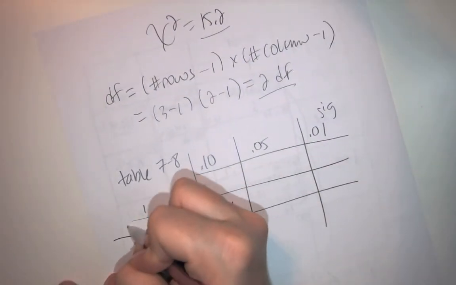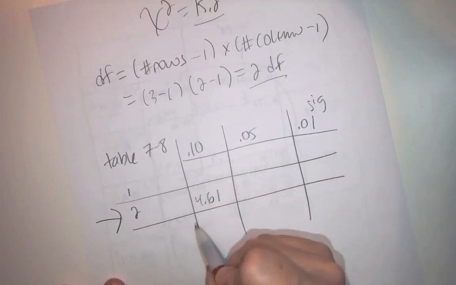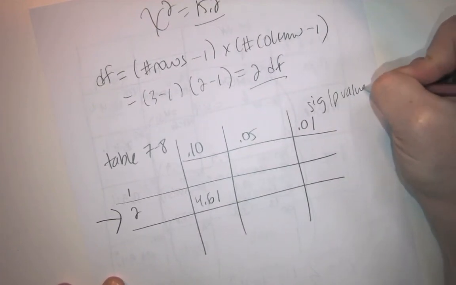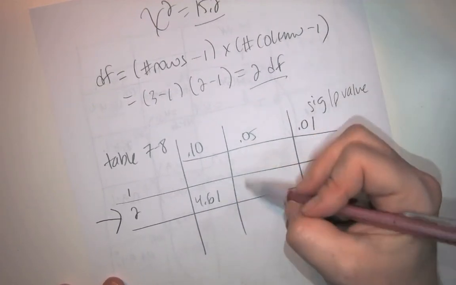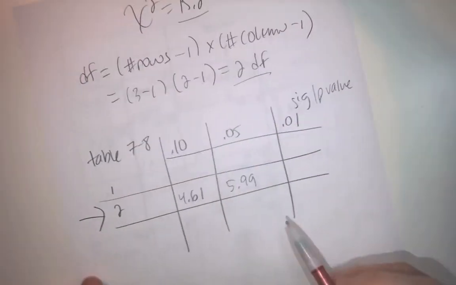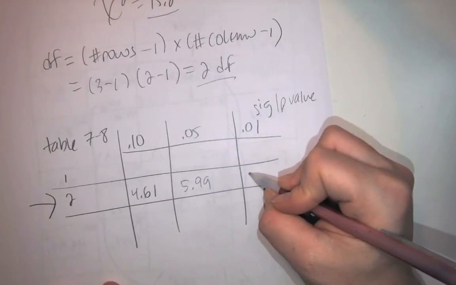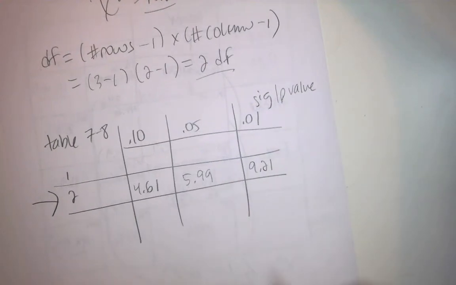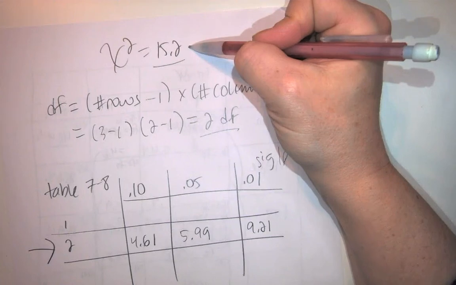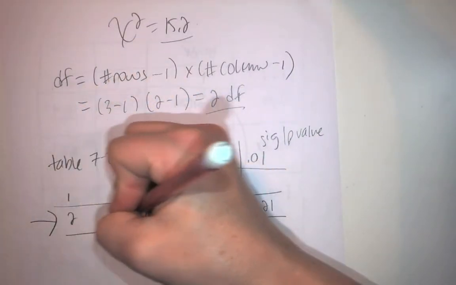So we are honing in on degrees of freedom equals 2, and our critical value for 0.1 of significance, or our p-value, is 4.61. Our 0.05 level of significance has a critical value of 5.99, and our 0.01 level of significance has a critical value of 9.21. So we take our chi-square value and find where it is in the chi-square table. And we go by the degrees of freedom.